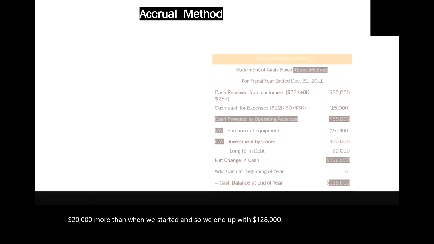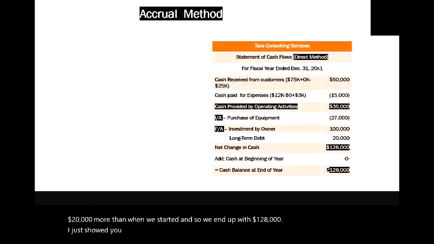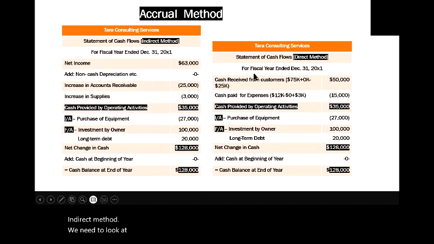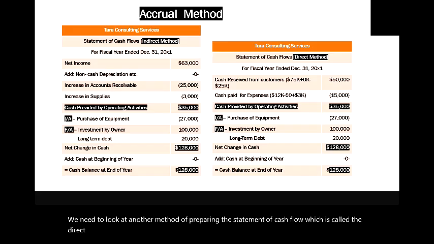I just showed you the indirect method. Now we need to look at another method of preparing the statement of cash flow, which is called the direct method.